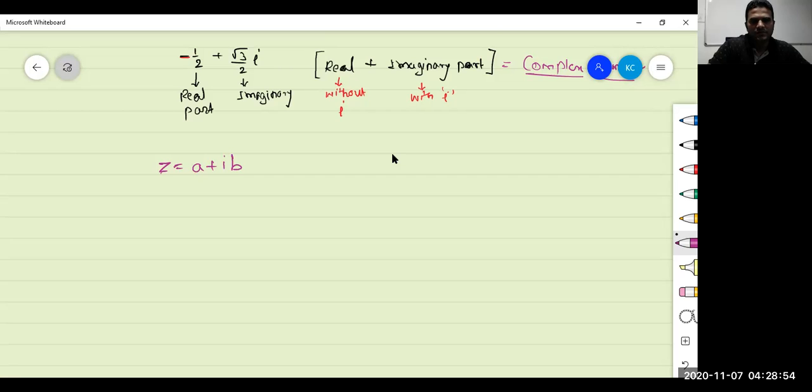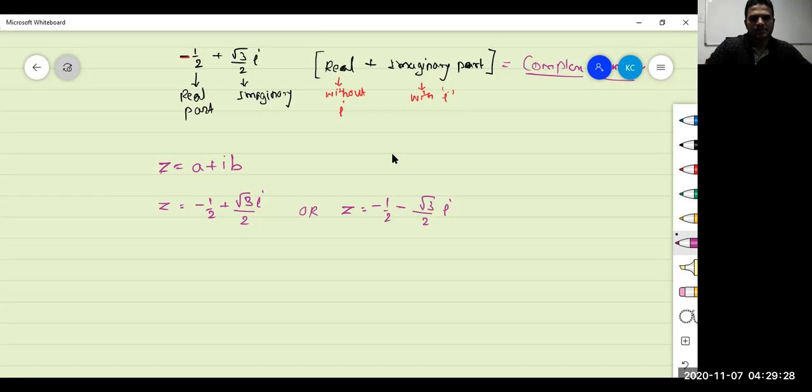Now we have just seen Z equal to minus 1 by 2 plus root 3 by 2 I, but what was this number? Negative. It was negative.